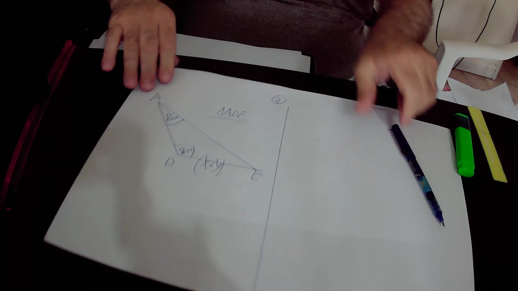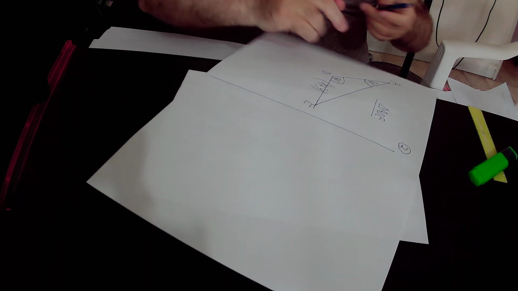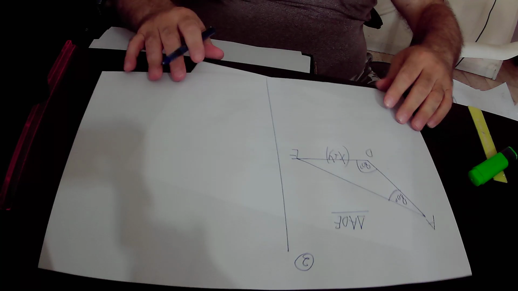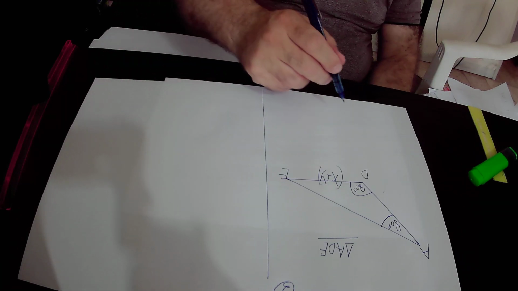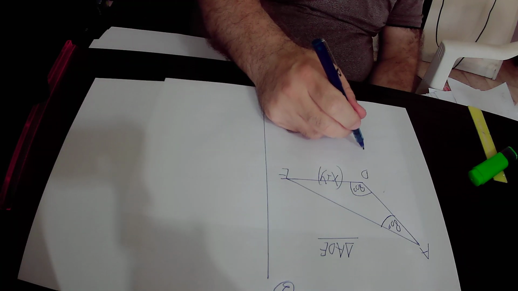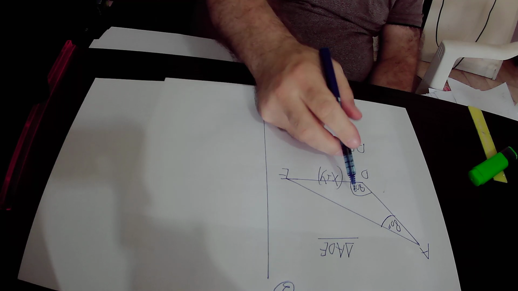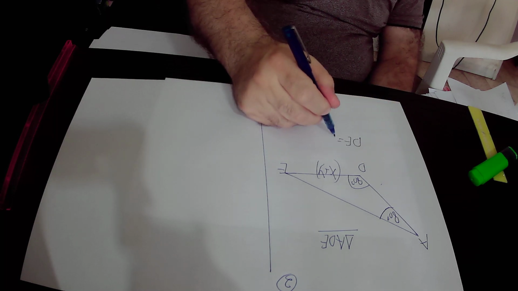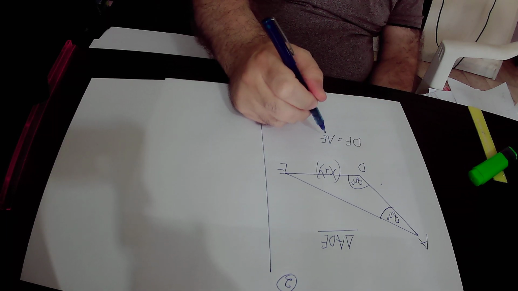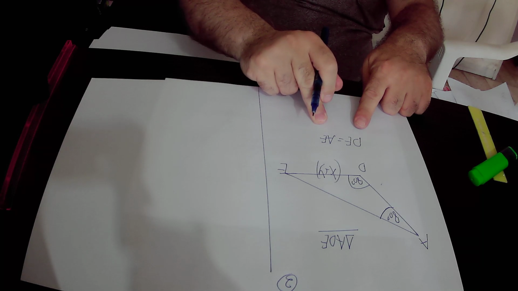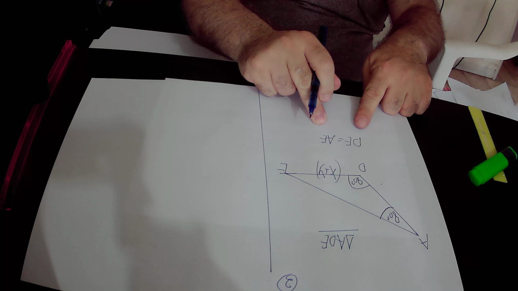Okay, so here in front of this angle we have side DE, while in front of this angle we have side AE. And according to the rule that I mentioned, those two sides must be equal to each other. Why? Because they are located in front of equal angles.